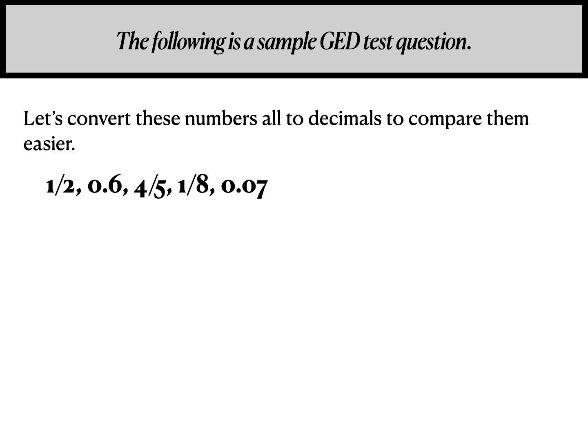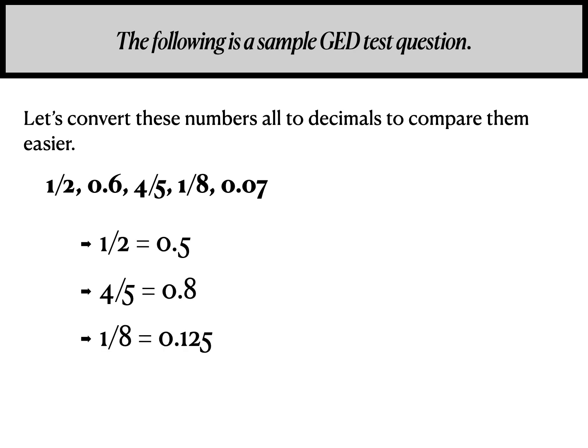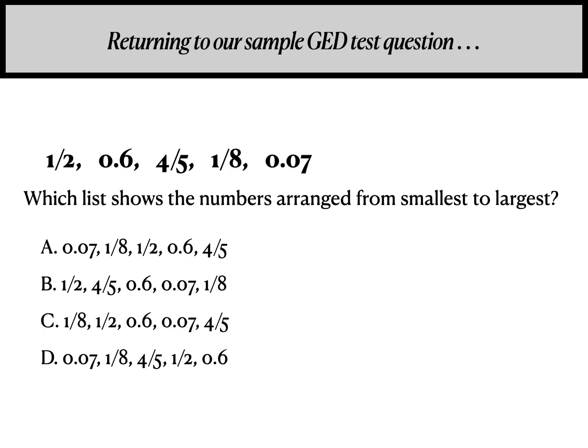Here's our list. 1/2 we could write as 0.5. 4/5 could be written as 0.8. 1/8 could be written as 0.125. So knowing that, which list shows the numbers arranged from smallest to largest? What do you think? Look at them for a minute. And hopefully you picked A.